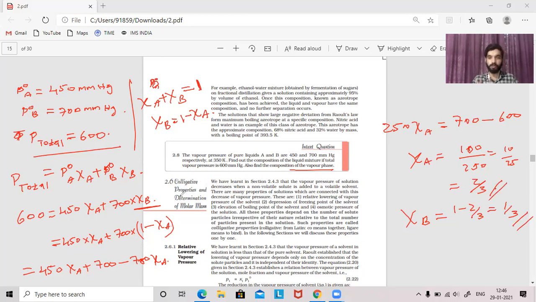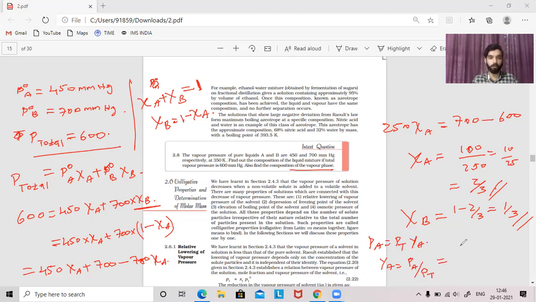Okay, so that was the first part of the question. There is also one more part, the composition in the vapor phase. So they are asking for Ya and Yb. We know Pa equals P total into Ya, the mole fraction of A in the vapor phase. So Ya equals Pa by P total. What is Pa?